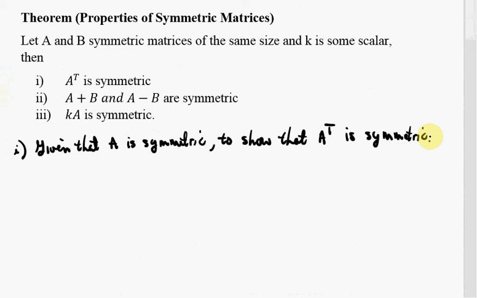Yes, thank you. If A transpose is symmetric, they're trying to get us to see that A transpose is equal to A. We just want to show that. So that is, show that A transpose is equal to A.